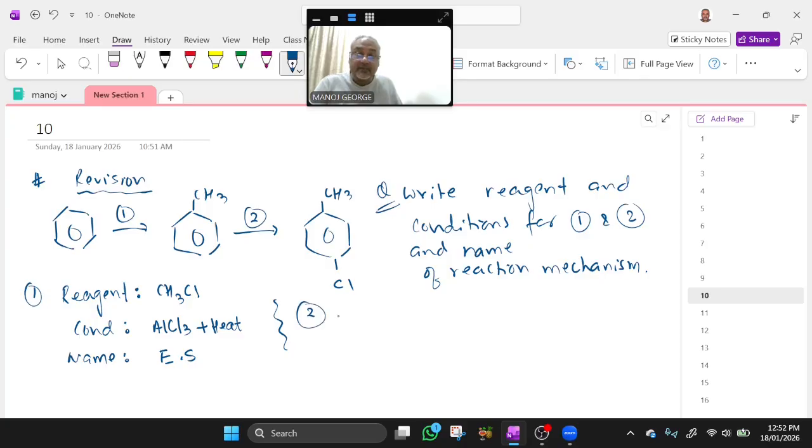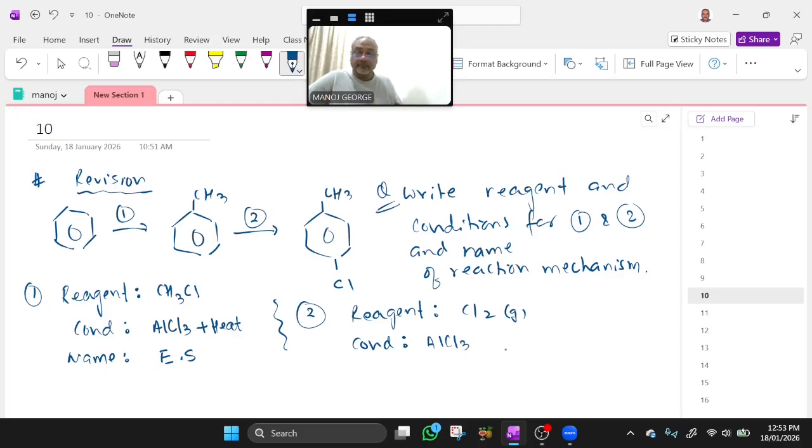And for the second one, what was the reagent? You want to put the chlorine on the benzene ring, so you obviously need chlorine. They won't bother with the state symbols with respect to that, but particularly be careful with the bromine thing. And the condition: chlorine will be in gaseous form only.